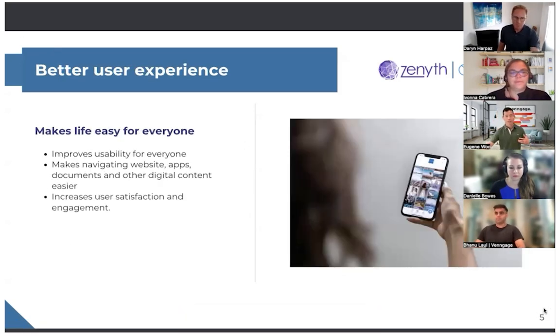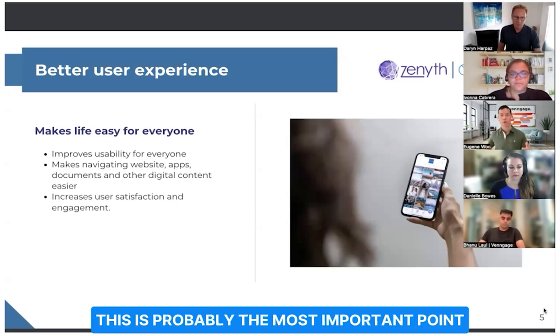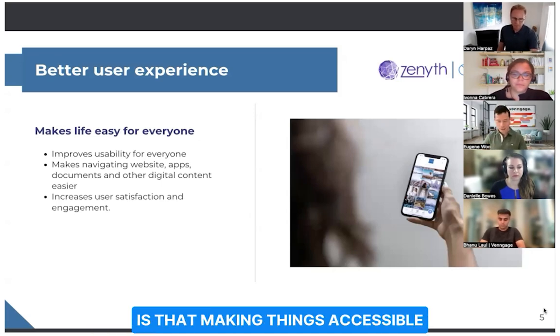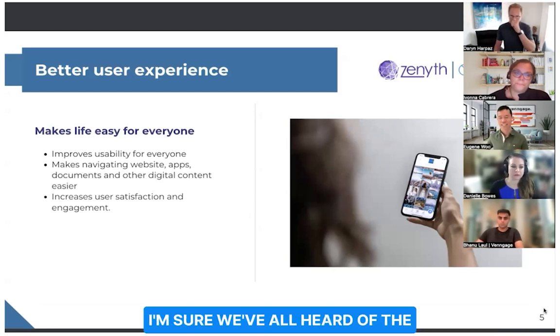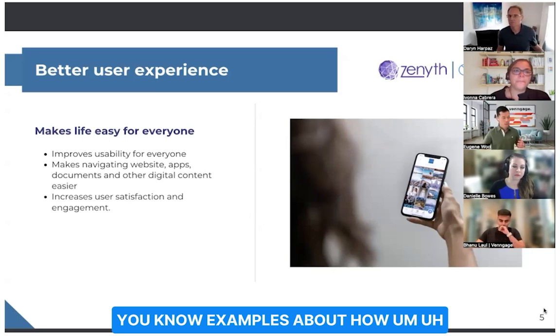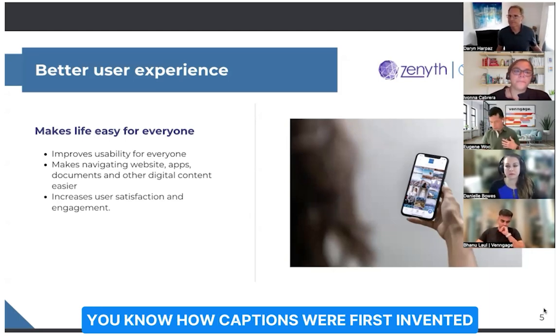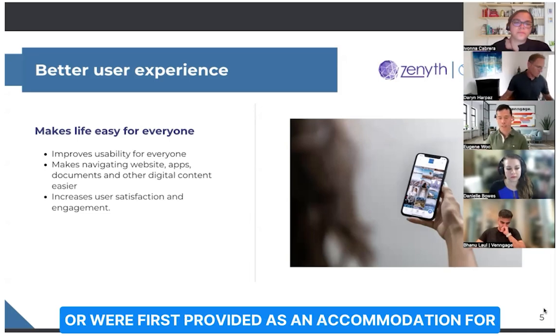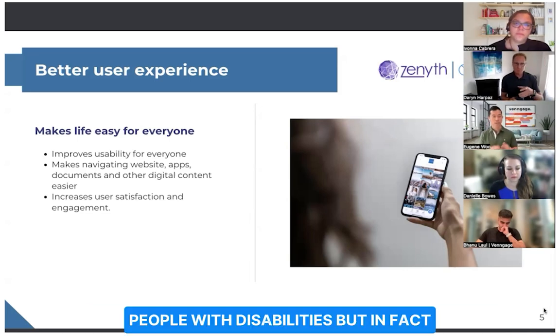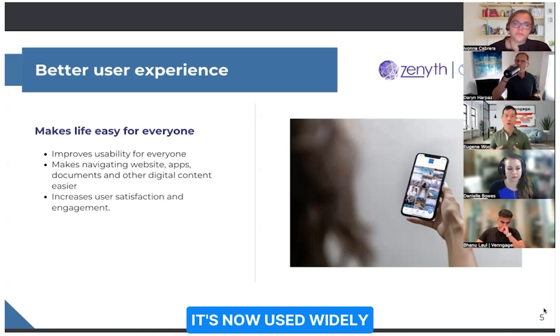Lastly, and I would say this is probably the most important point, making things accessible actually creates a better user experience for everyone. I'm sure we've all heard of the examples about how captions were first provided as an accommodation for people with disabilities, but in fact, they're now used widely.